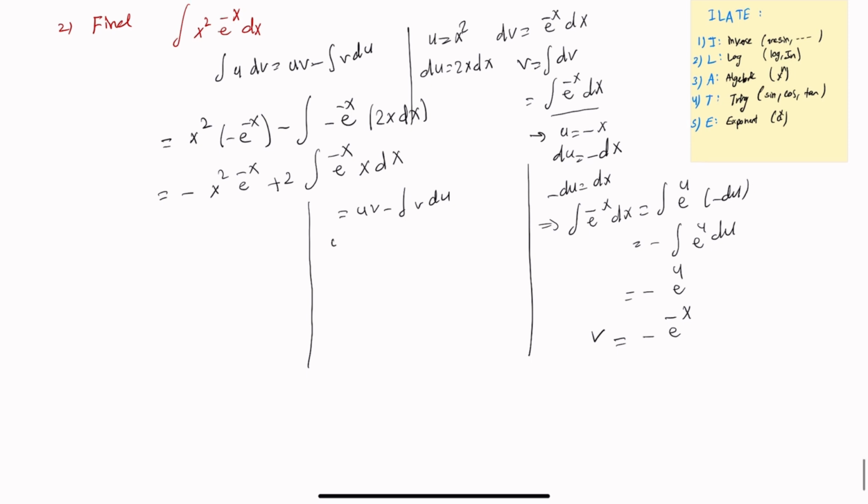U here is going to be equal to x, so it's the algebraic expression, and what's left is just dv, and that's gonna be equal to e to the minus x dx. From u here, du is going to be equal to dx, and v is going to be the integral of dv, which is the integral of e to the minus x dx. Notice in here that this integral is the same as this integral, so the solution is going to be equal to this.